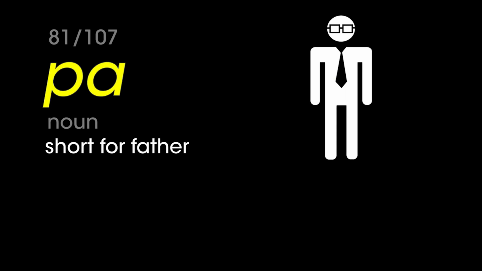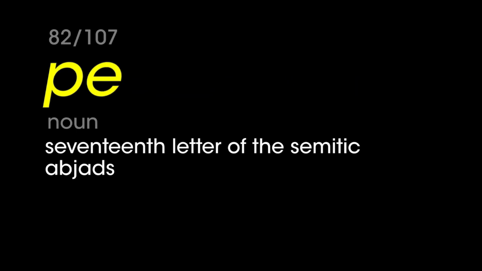Pa is short for father. Did we have another one that was short for father? I think so. Pe is the 17th letter of the Semitic abjad. I'm sorry, but I don't actually know what that is. Is that an alphabet?